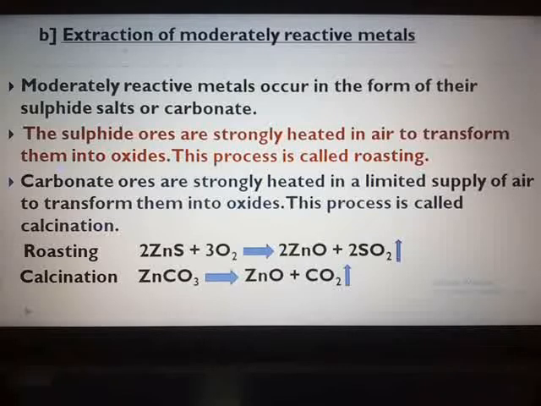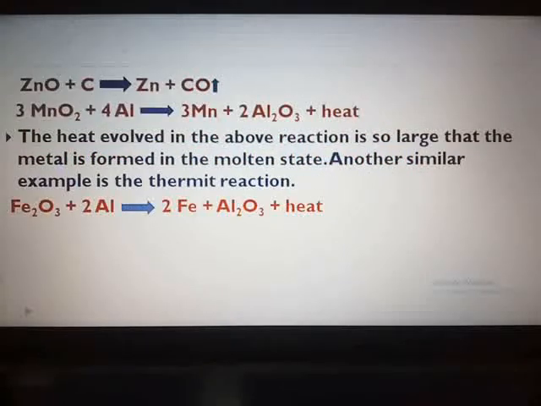Now the zinc oxide which you are getting here is then reduced to zinc by using a suitable reductant. Zinc oxide plus carbon gives zinc plus carbon monoxide. Apart from carbon, reactive metals such as sodium and aluminium are also used as reducing agents for the reduction of metal oxide to obtain that particular metal.